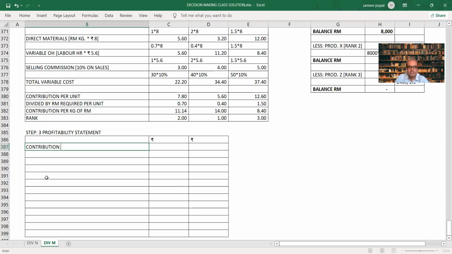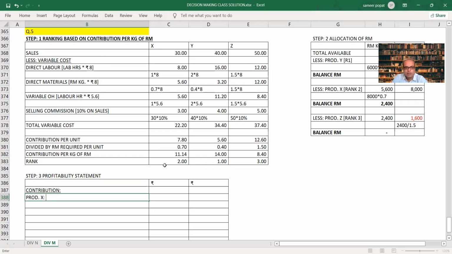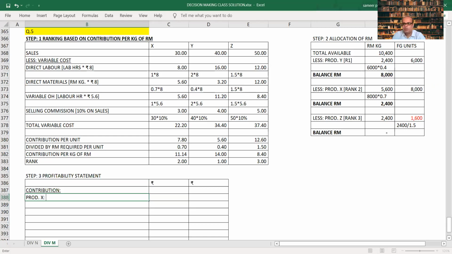There is no need to show the full-fledged working from sales till contribution. Directly we can start with contribution. Product X. Now look at the quantity of product X that we are going to manufacture. We are going to manufacture 8,000 units. So 8,000 units into its contribution per unit is 7.8. So 8,000 into 7.8.